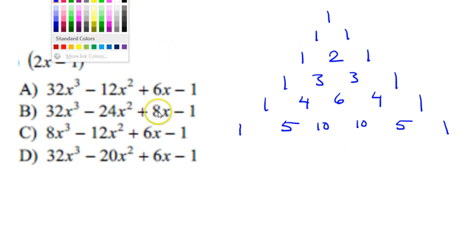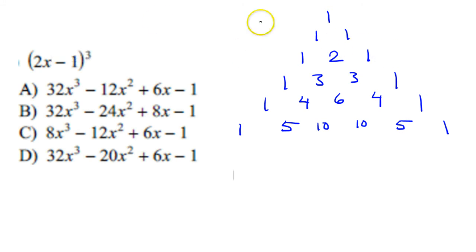When it comes time to know when to use which row, just understand this. The top row here is for the 0 power, which you never wind up actually using. The second row is for the first power.